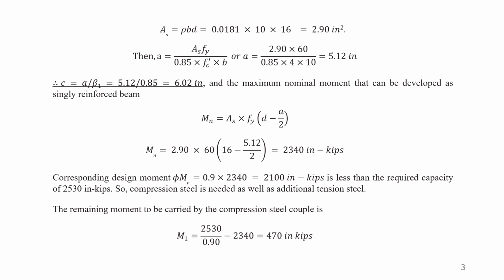Now with 2530 moment, we have to divide it by the factor 0.9, and 2530 divided by 0.9 minus 2340 is equal to 470 inch kips. For this 470 inch kip moment, we have to provide steel at the top and steel at the bottom, and we will next go for the calculation of how to take care of this 470 inch kip of excess moment by providing steel at the compression zone and steel at the tension zone.